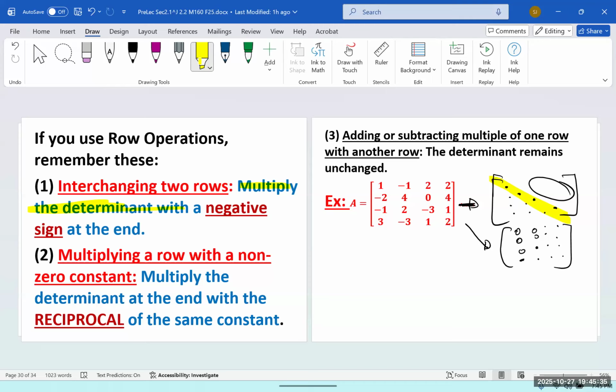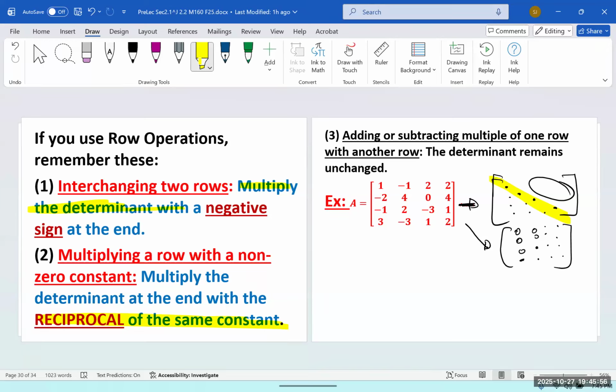And multiplying a row by a non-zero constant: if you multiply any row by a non-zero constant, then at the end, whatever number you get for the determinant, you have to multiply by the reciprocal of the same constant. That's really only useful when we're doing the triangular, or the inspection, it doesn't matter.